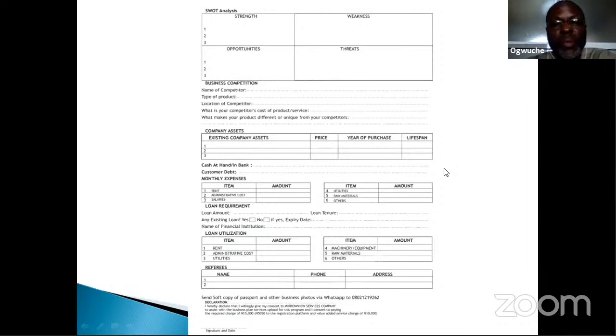So what makes your products different or unique from other competitors? When you're in poultry farming, for example, poultry products can be more than eggs and chicken. Of course, there's nothing different in your own case that makes yours unique. A chicken egg is a chicken egg.